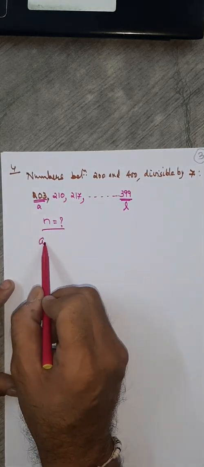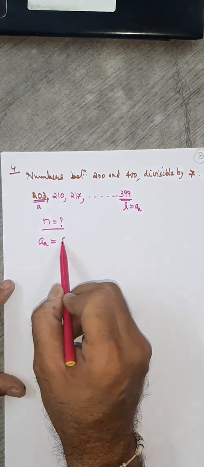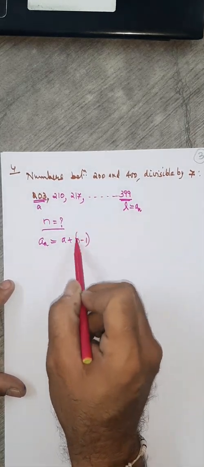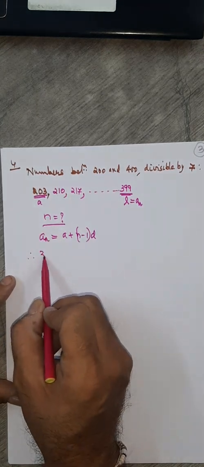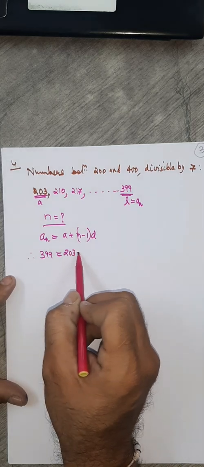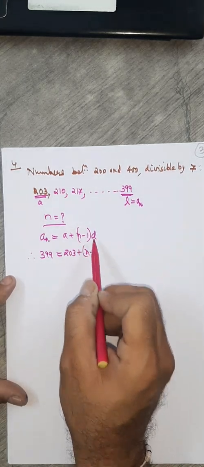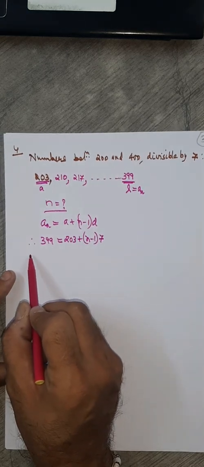So for that you can use this formula. an means the last term, a plus (n minus 1) into d. If you use this, you can get the number of terms. an means 399, a means 203, (n minus 1) into d. What is d? Which is 7. So let's simplify this.